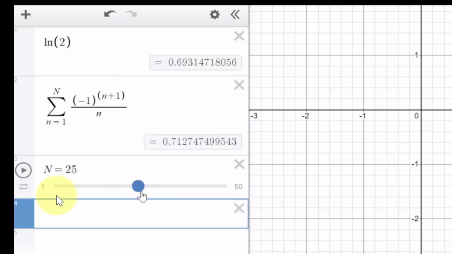So it's kind of neat to see here I am adding up more and more terms of this alternating harmonic series, and it's converging on the ln of 2, but the interesting thing is that it is alternating above the actual value of 0.693, and then below it, and then above it, and below it, and it's getting closer and closer by popping up and down above and below the actual value.